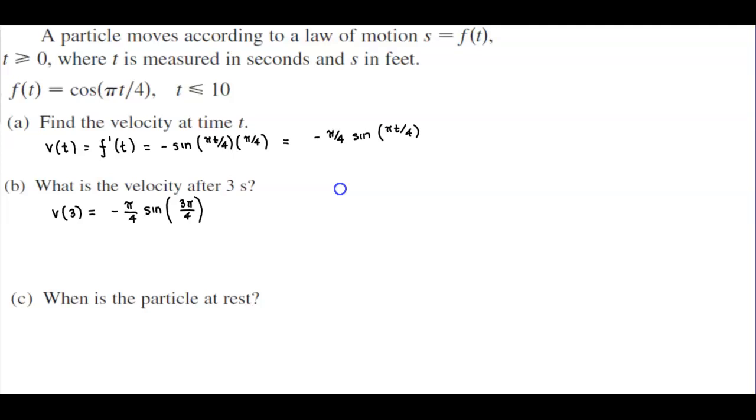And so we know that the sine of 3 pi over 4 is equal to the square root of 2 over 2, which is equal to negative pi times the square root of 2 over 8, which is going to give us approximately negative 0.56 feet per second.